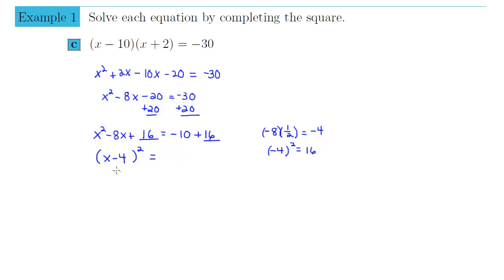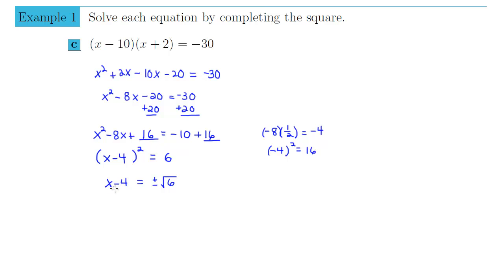So we factored the left, we simplify the right, negative 10 plus 16, that's just positive 6. We're now ready to complete the problem by using the square root property. Quantity squared equals a positive number. Taking the square root on both sides, on the left that leaves us with x minus 4 equals plus or minus the square root of 6.